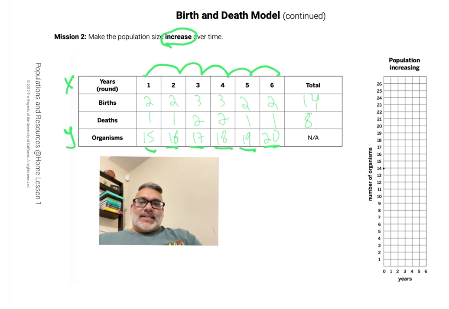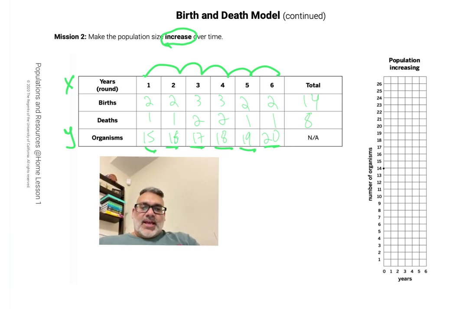So we start at 14 because we started with our population at 14. And in year 1, I had 15, so I'm going to mark a 15 at year 1. At year 2, I had 16. At year 3, I had 17. Year 3, I had 18. At year 4, I had 19. And year 5, I had 20. And I already see one that shouldn't be there.